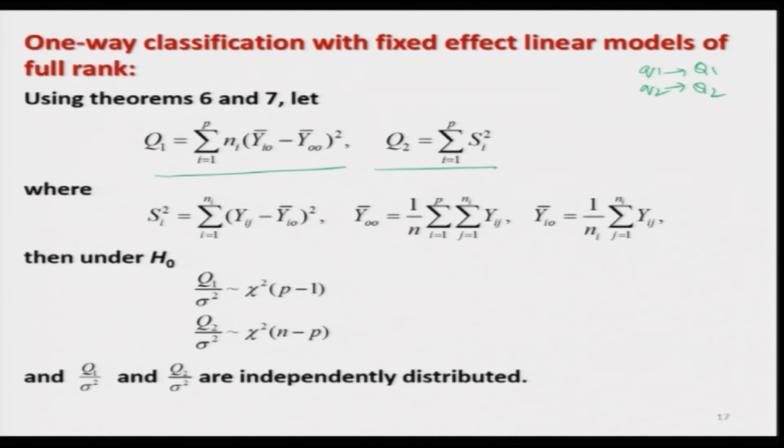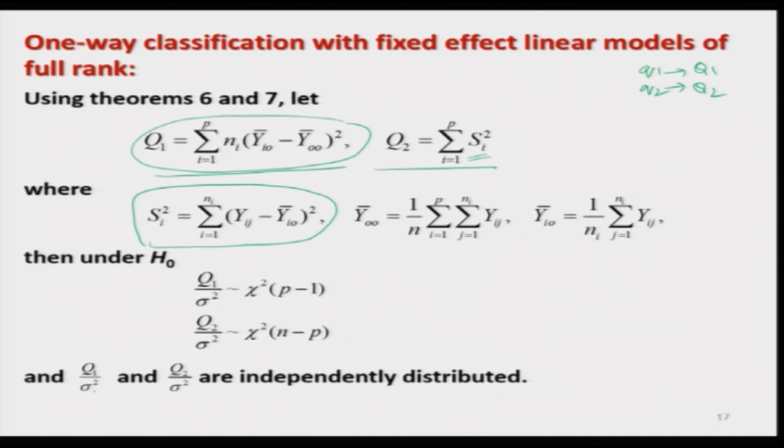Now let us move ahead. We have Q1 equal to summation i goes from 1 to p, n i times y bar i naught minus y bar naught naught whole square, and Q2 is the sum of i goes from 1 to p of S i square, where S i square is the summation j goes from 1 to n i of y i j minus y bar i naught whole square.